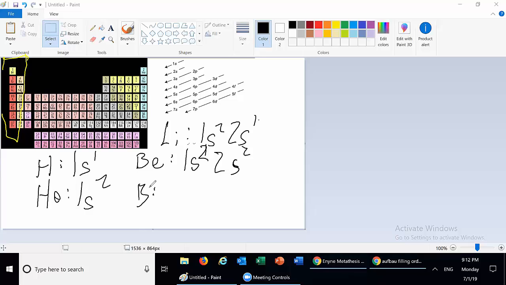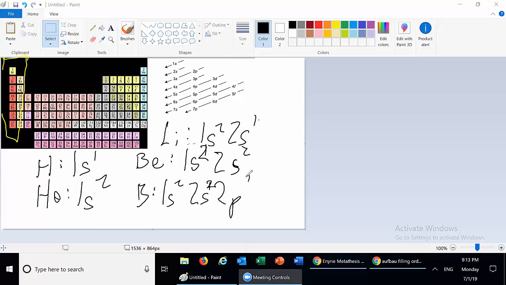So we have 5 electrons, and we already know to fill the 1s2 and the 2s2. So now what do we do next? 2p. Okay, and then we put 1 electron in there, right?